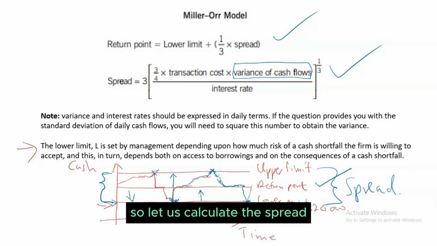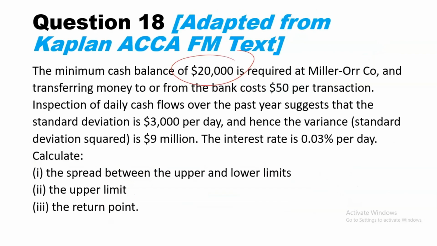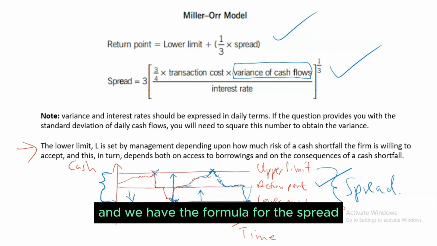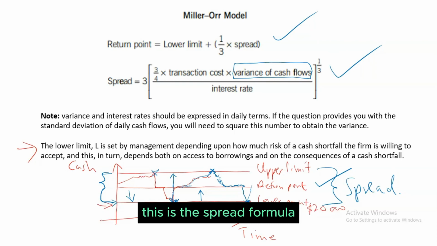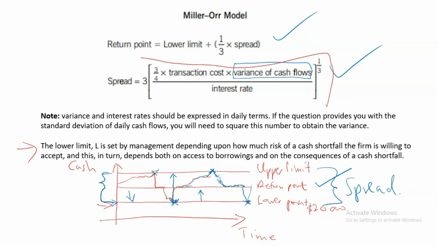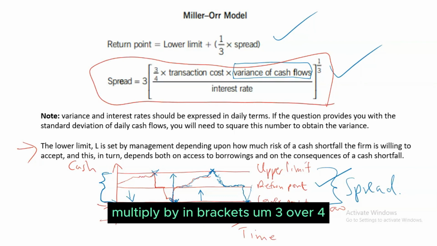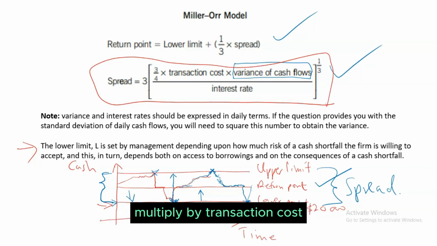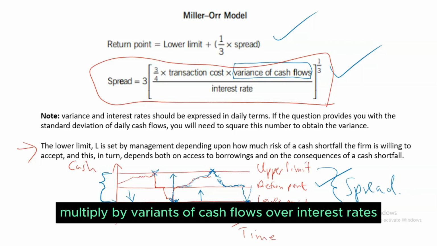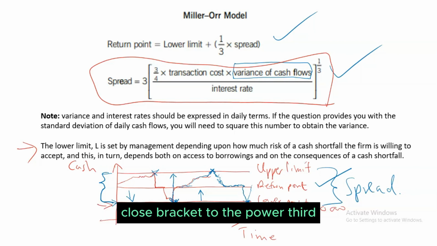So let us calculate the spread, and we have the formula for the spread. Spread is equal to 3 multiplied by, in brackets, 3/4 multiplied by transaction cost multiplied by variance of cash flows over interest rates, close bracket, to the power third.